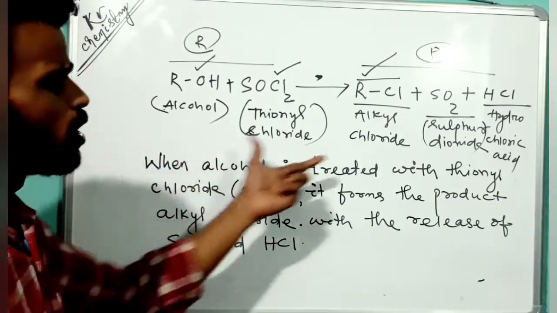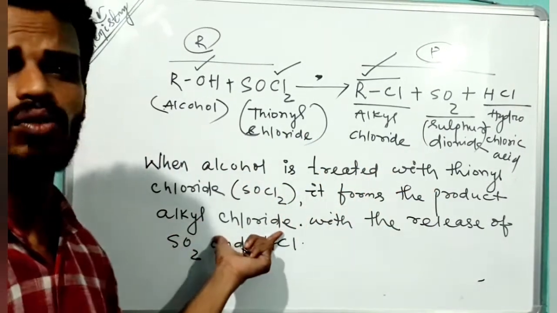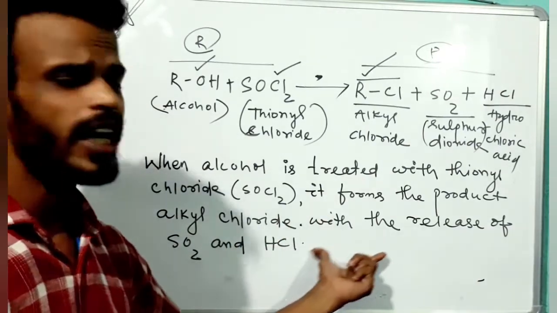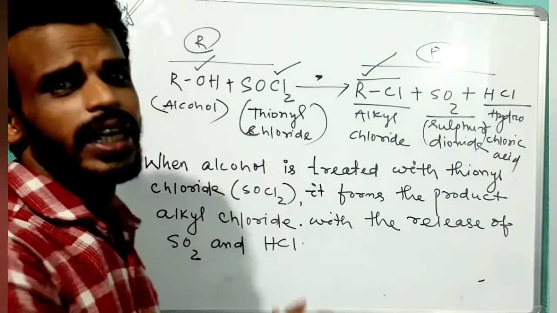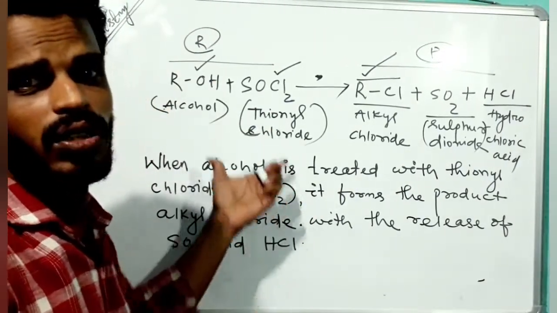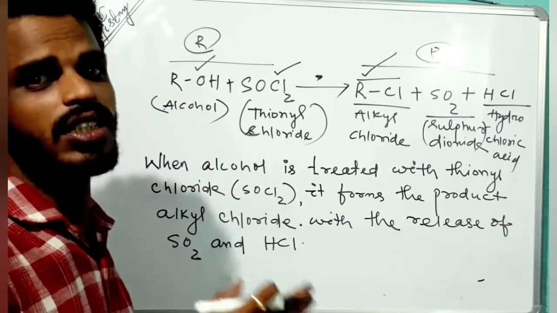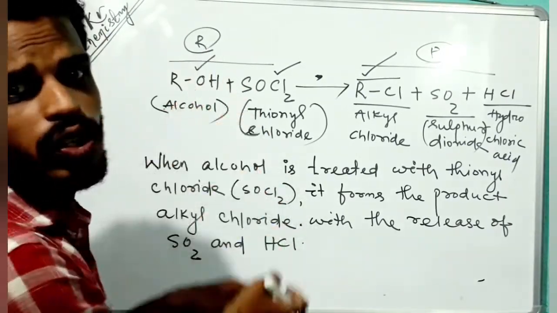That is, when alcohol is treated with thionyl chloride, it forms the product alkyl chloride. Or you may explain this whole reaction. This is the trick for how you can write the overall reaction, the simple trick from remembering the reaction to theory.